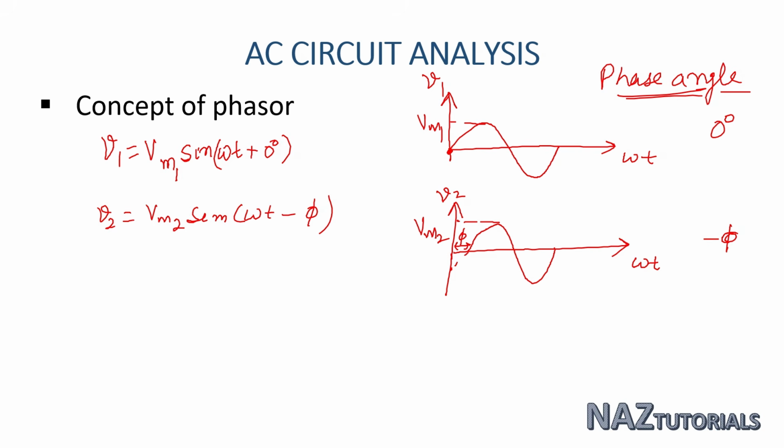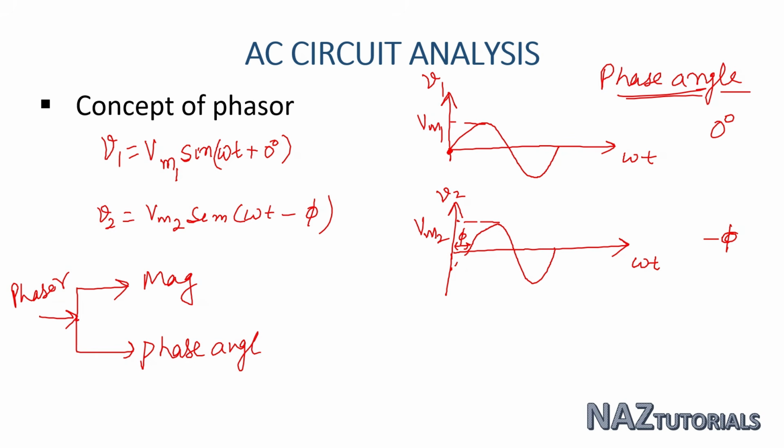The voltage waveform V2 attains its maximum value after angle phi. Now, for the phasor representation, we need two quantities: first is magnitude and next is phase angle.